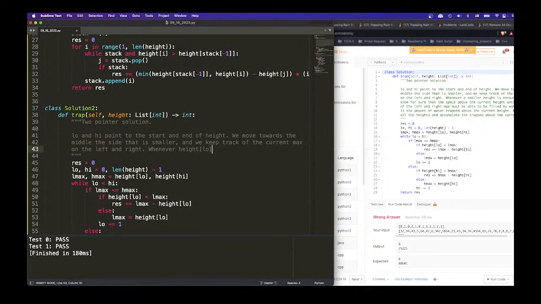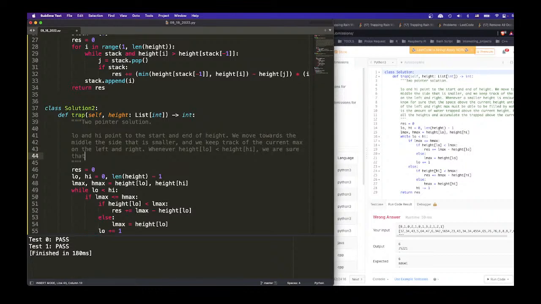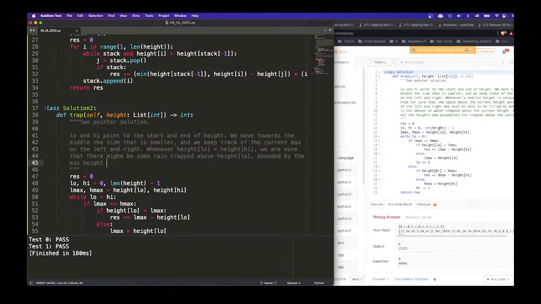Height low is smaller than height high, right? If that is the case, then we are sure that there might be some rain trapped above height low, bounded by the minimum height of left low max and high max.